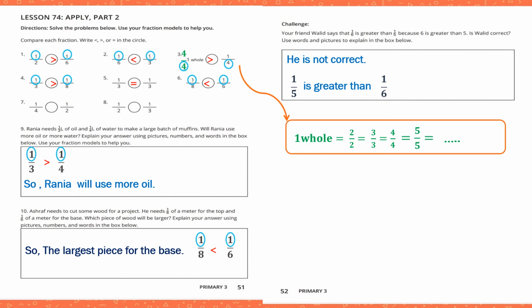We said before if the numerator is 1 or is the same, the smaller denominator is bigger. So 1/5 is bigger than 1/6. And also we said if you have a pizza divided between 5 persons and the same pizza divided among 6 persons, the group of 5 will take a larger piece.